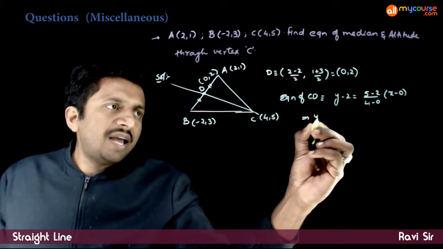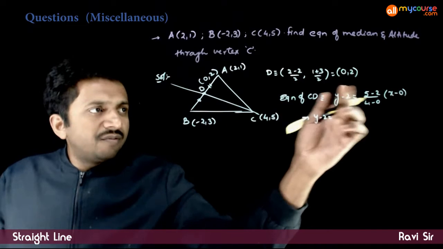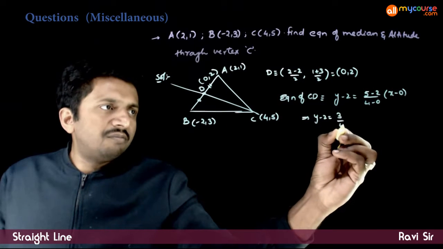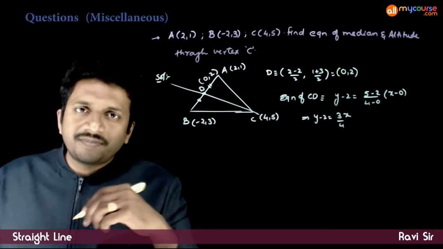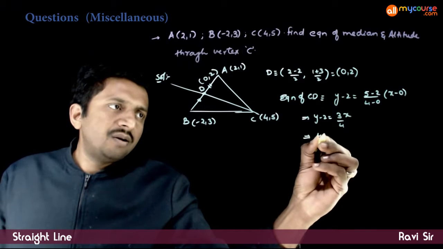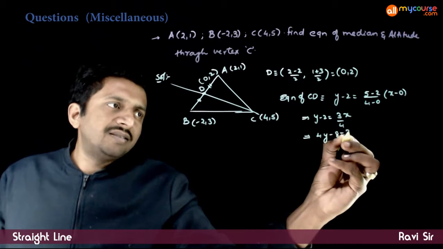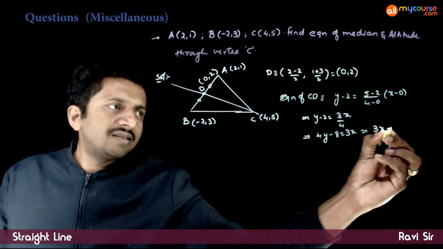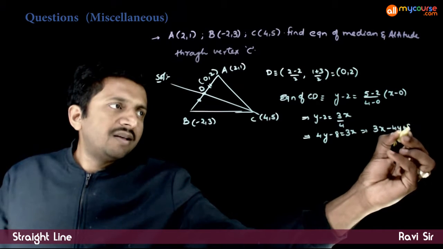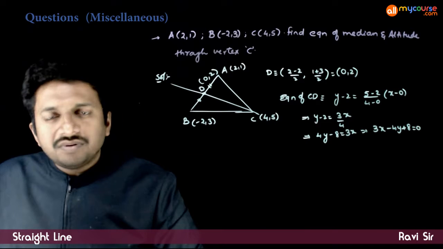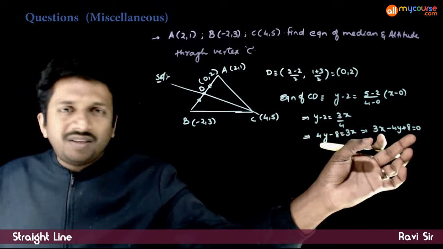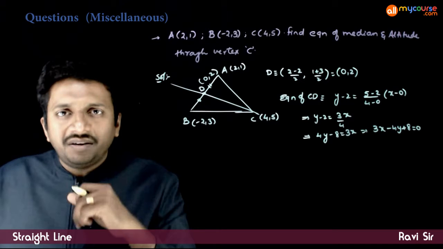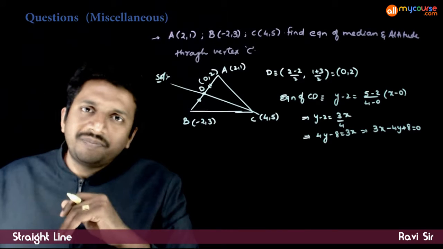This implies y minus 2 is equal to 3/4 times x. This implies 4y minus 8 is equal to 3x. This implies 3x minus 4y plus 8 is equal to 0. So this will be the equation of the median through vertex C.